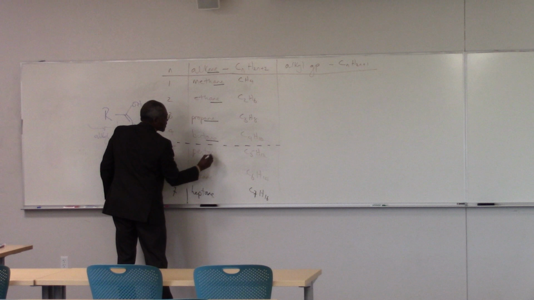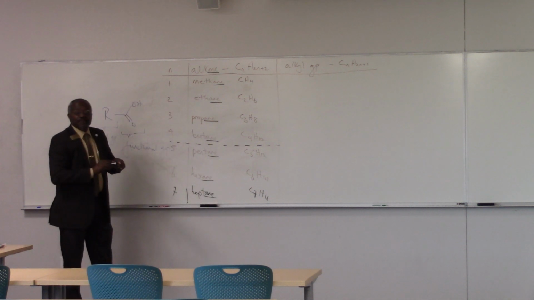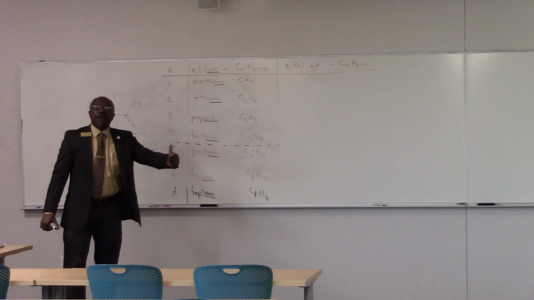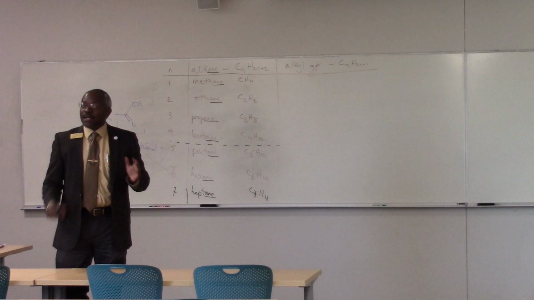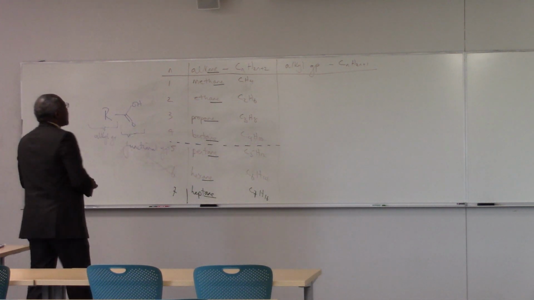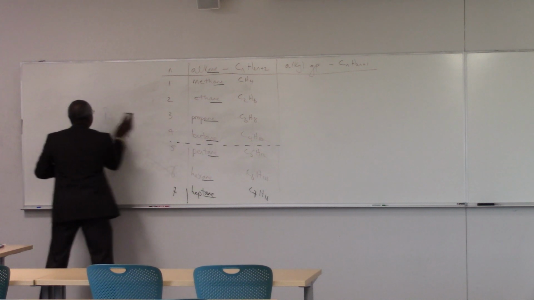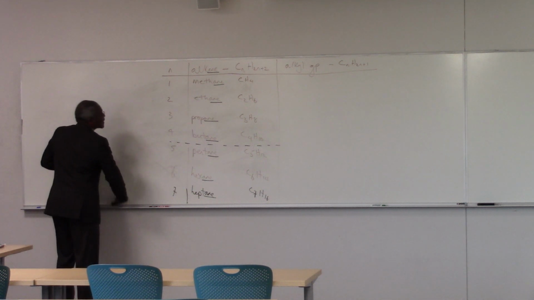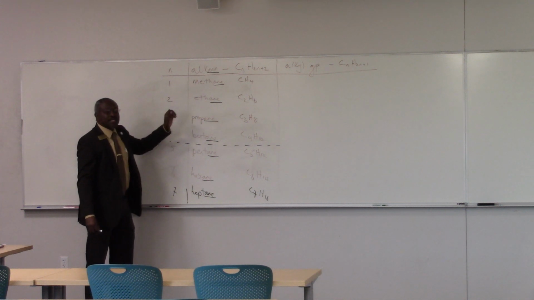This part of it is a constant, and all that changes is the prefix. The prefix indicates the number of carbons in the compound in a simplistic way. So for C1, my prefix is meth, C2 is eth, prop is C3, but is C4, and so on.